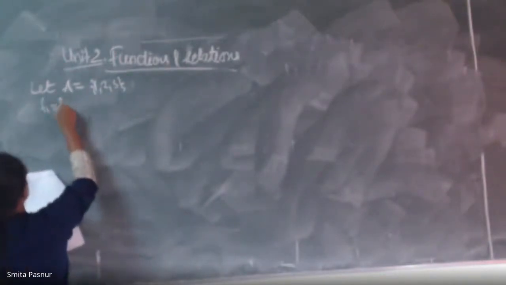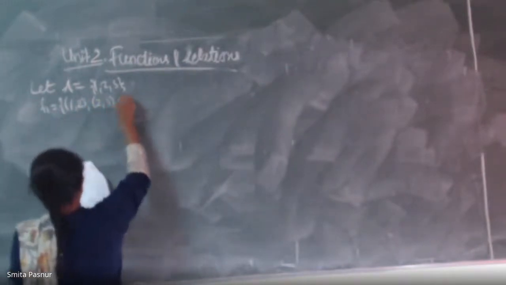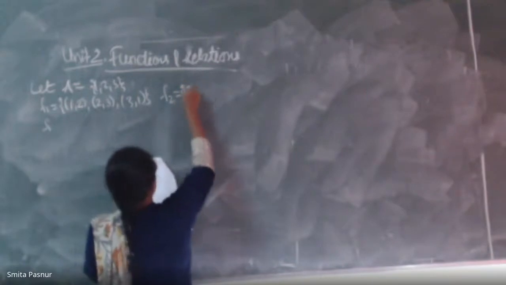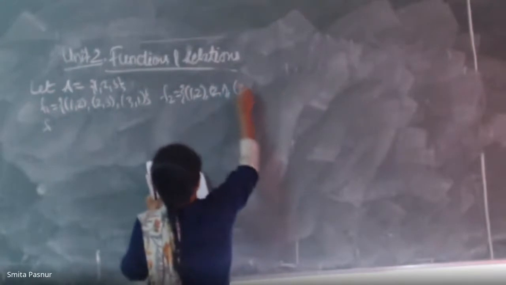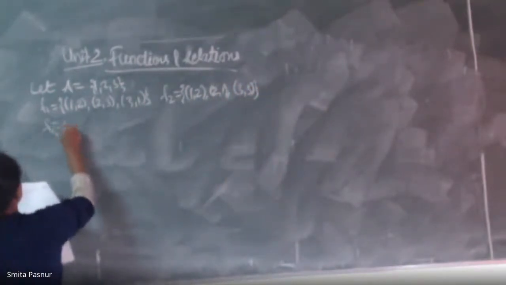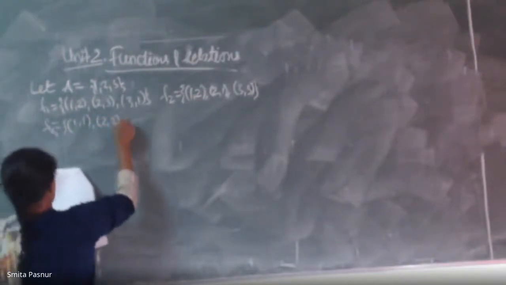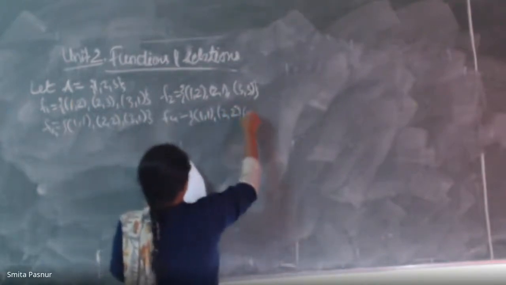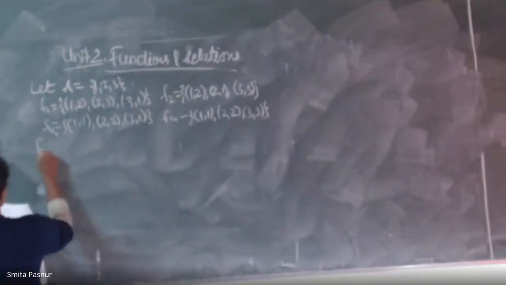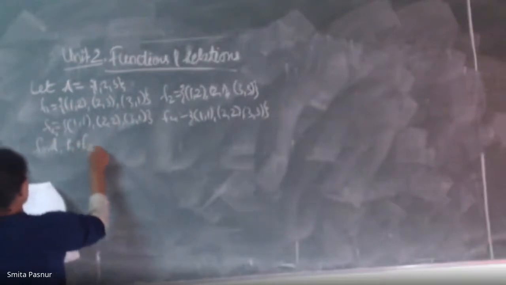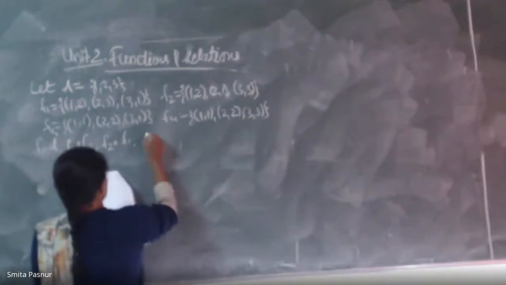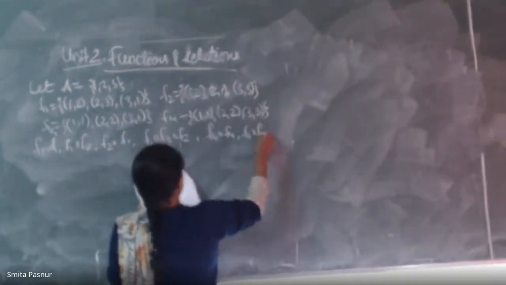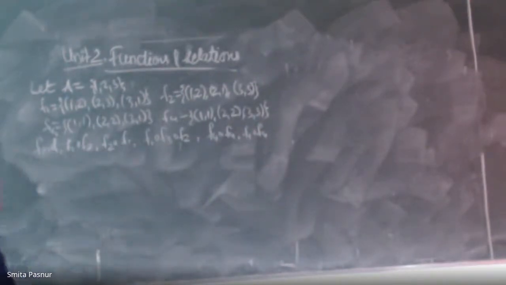Then there is a function F1 which is given as {(1,2), (2,3), (3,1)}.